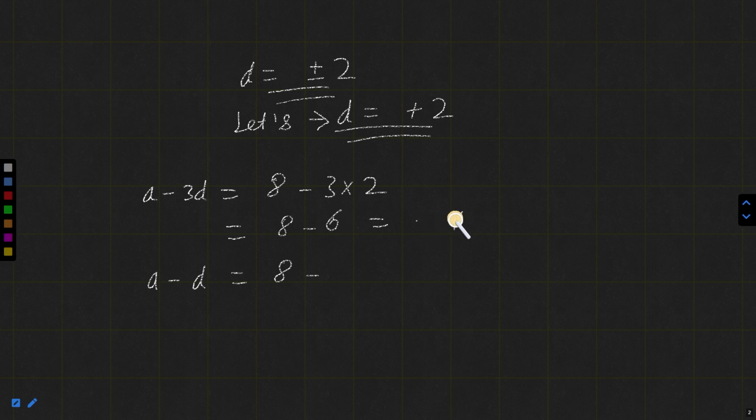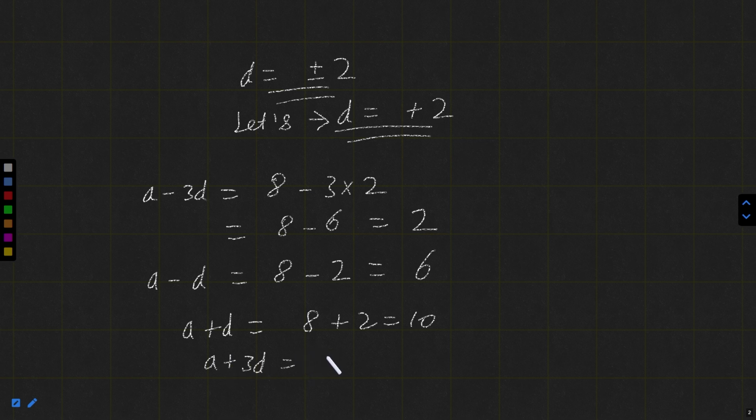The second term is a minus d, which is 6, and a plus d will be 8 plus 2, 10, and a plus 3d will be my fourth term, that is 8 plus 3d, d is 2, that means 3 times 2 is 6, 8 plus 6 is 14.